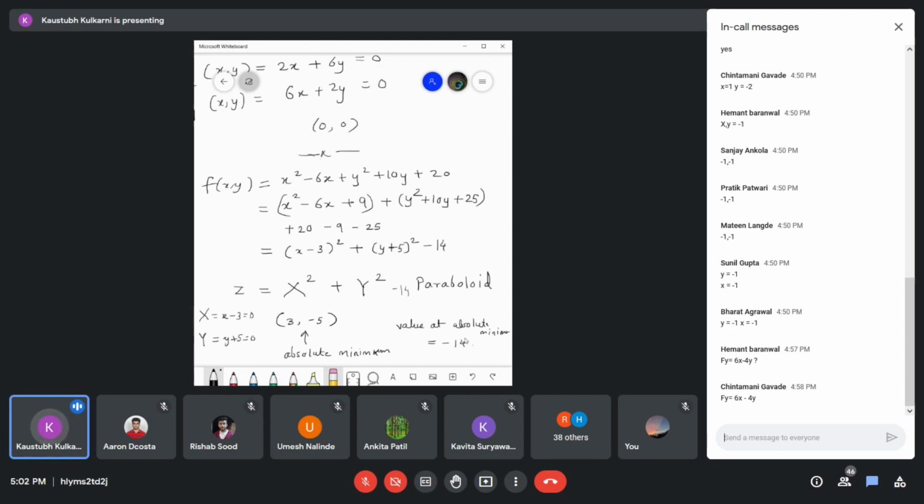This is the point where you get the absolute minimum value, and that absolute minimum value is minus 14. Okay, do you get this point?